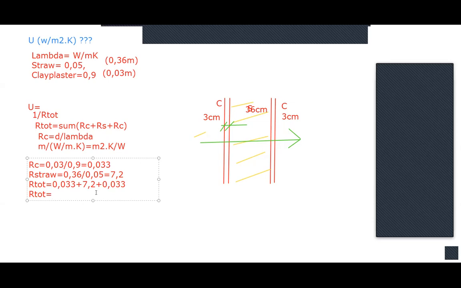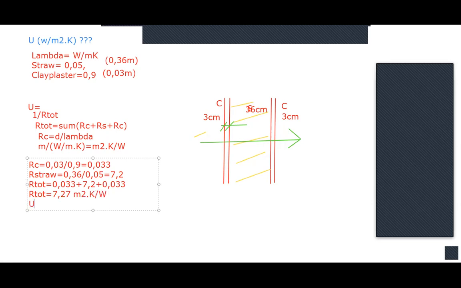So this is 0.266, let's say 0.27. Even the rounding of this number changed it almost more than the clay plaster itself, because we can say 7.27 or 7.3, let's say 7.27 meters square times Kelvin per watts.